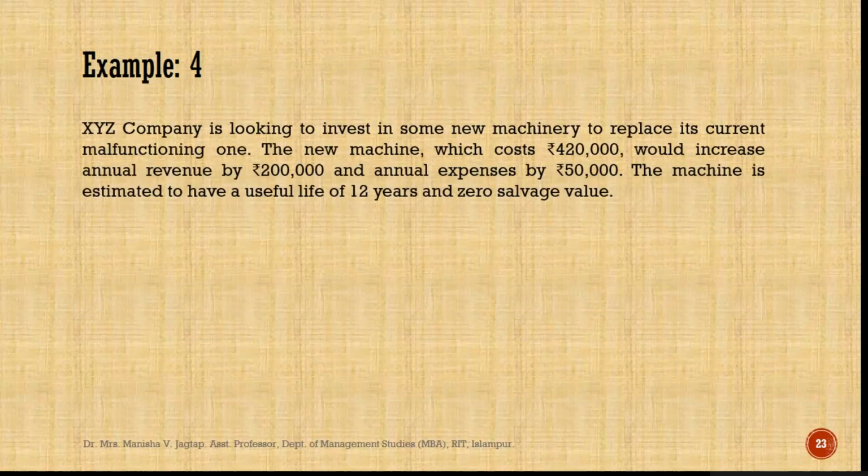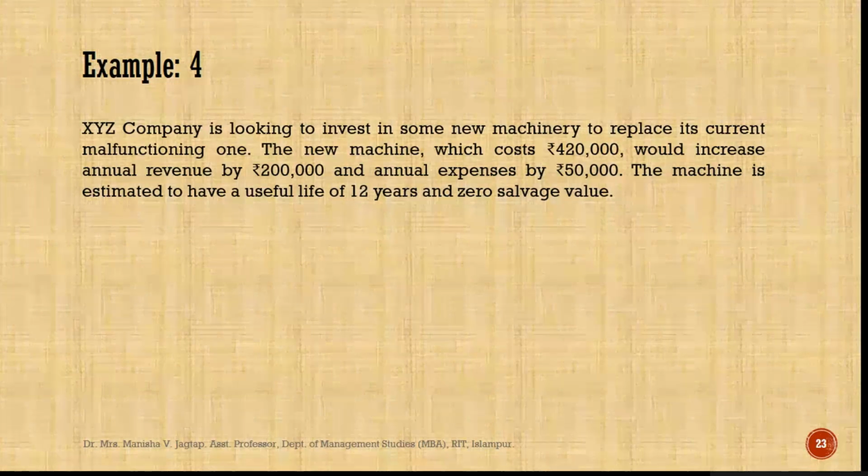XYZ company is looking to invest in some new machinery to replace its current malfunctioning one. The new machine, which costs rupees 4,20,000, would increase annual revenue by rupees 2 lakh and annual expenses by rupees 50,000.